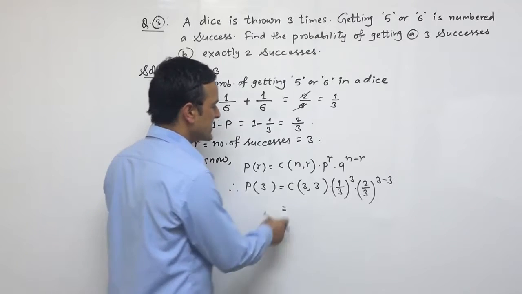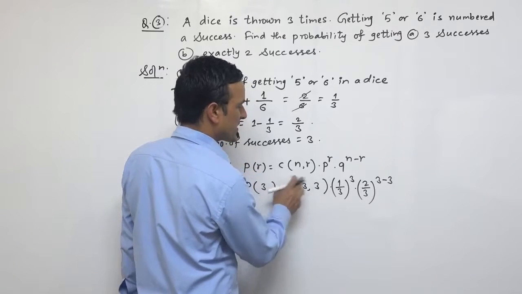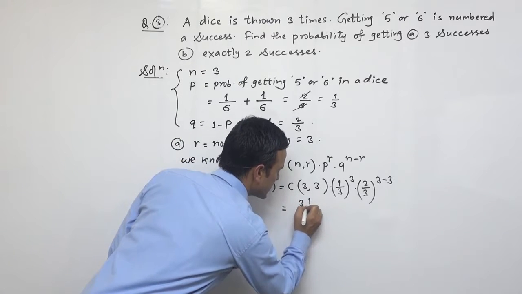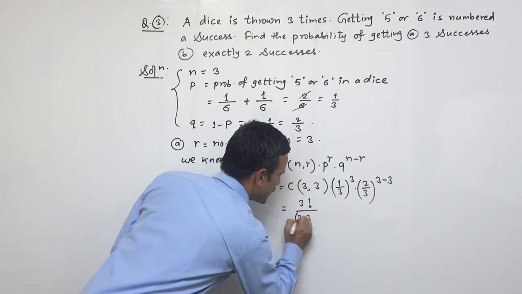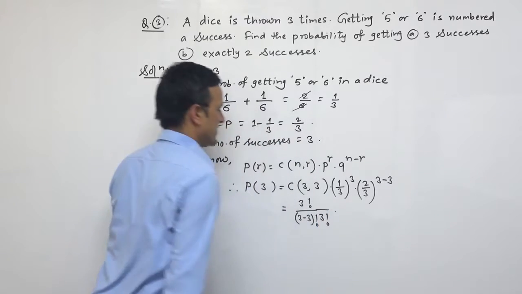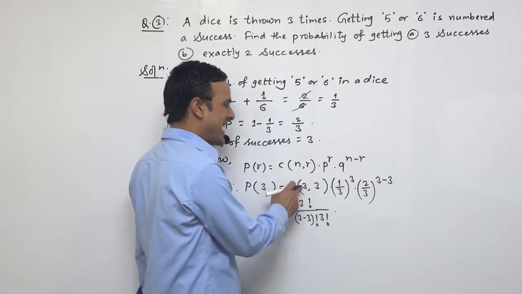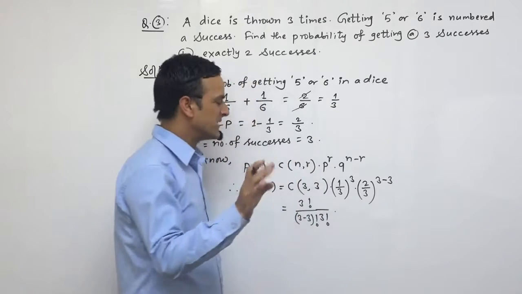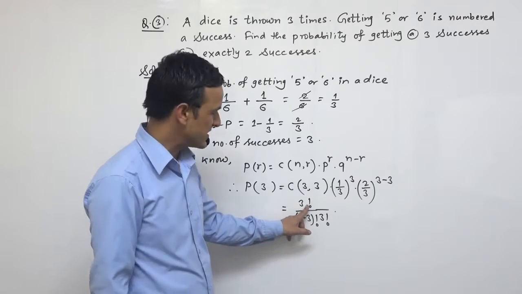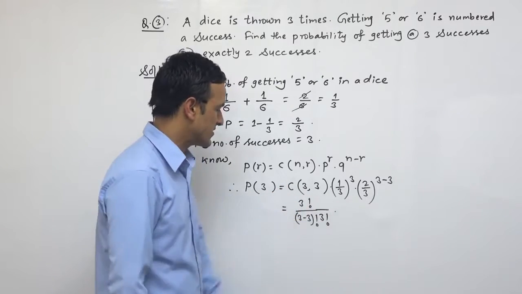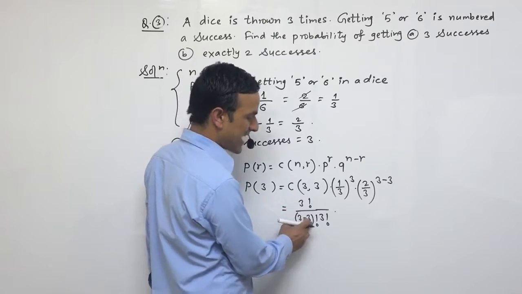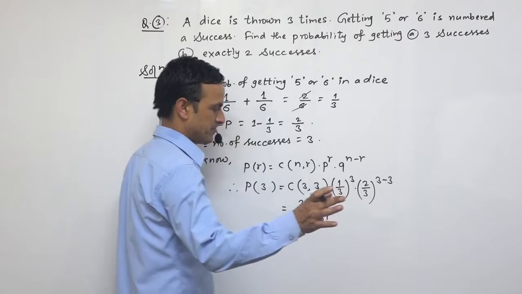Okay, we can solve it. 3 comma 3 means it is the combination N comma R. So we can write it as 3 factorial upon 3 minus 3 factorial times 3 factorial. Or if N and R are same, यदि N र R same छ भने कम्बिनेसनमा सिधै 1 लेख्न पाइन्छ, यसको रिजल्ट 1 आउँछ, डाइरेक्ट 1 लेखे पनि हुन्छ. Or we can use the formula N factorial upon N minus R factorial into R factorial.